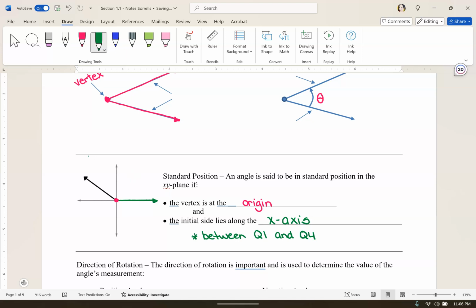Sometimes I get kind of picky about my color coordinating, so I'm going to write that in blue. Between quadrant 1 and quadrant 4. So here is quadrant 1 and here is quadrant 4. If you have forgotten some of that, I will go over it again in just a second.